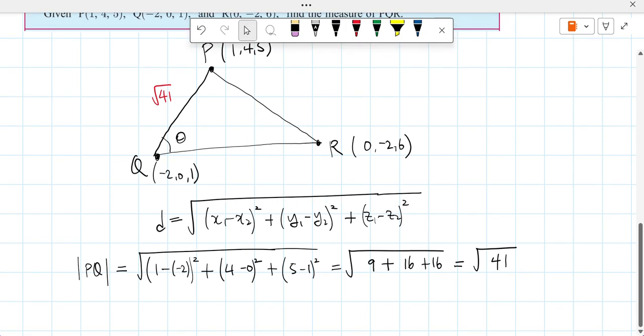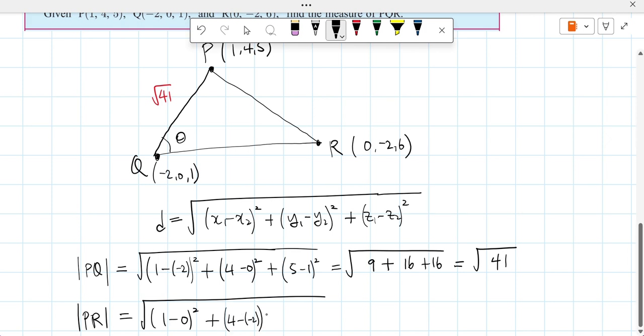Now let's repeat the process. Let's find the distance between P and R. Same thing, we just need to plug in the values. (1 minus 0) squared plus (4 minus negative 2) squared plus (5 minus 6) squared, which is going to be 1 plus, 4 minus negative 2 is positive 6, so 6 squared is 36, and then 5 minus 6 is negative 1, negative 1 squared is positive 1.